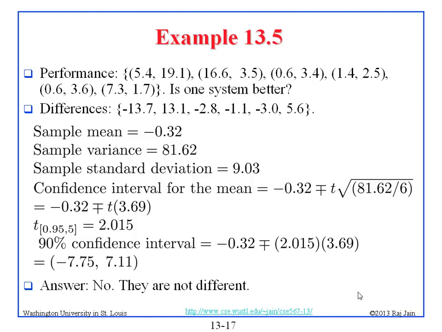We do that, and the t value for 95 is 2.015. So the 90% confidence interval is minus 7 to plus 7. So our answer is that the systems are not different because it includes 0. This is very straightforward. If you have paired observations, all you have to do is take the difference and then see the confidence interval.